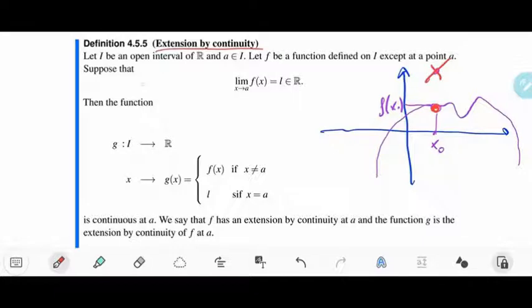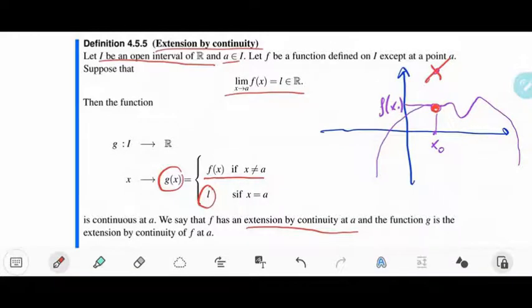So if you have I an open interval of R and A belongs to I, and f is a function defined on I except at a point A, and it's usually interesting when it's not defined at A, then if the limit of f of x is equal to L, it means that the limit right and the limit left are equal to L. Then we define a new function g of x as follows: g of x is equal to f of x when x is not equal to A, and at the point A, it's equal to this limit L. Then this g of x is the continuous version of f, and we call it the extension by continuity at A of the function f.